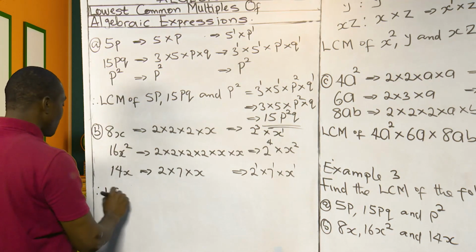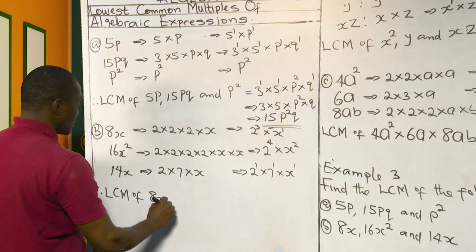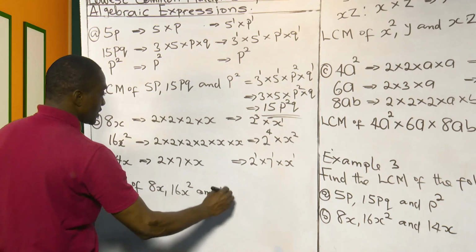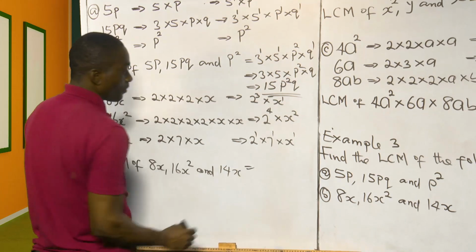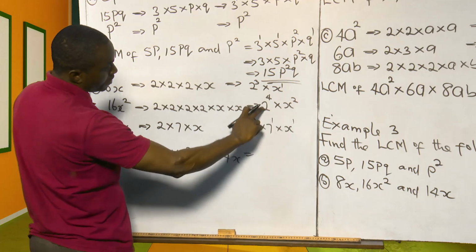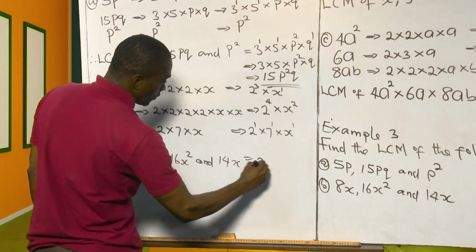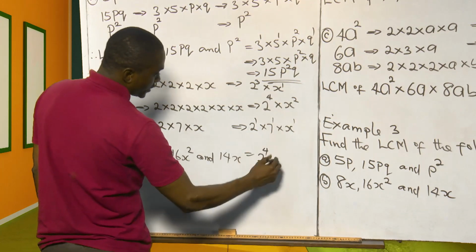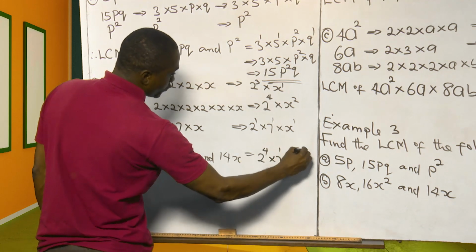Therefore, the LCM of 8x, 16x squared and 14x will be equal to, this is the base 2 with the highest power, which is 2 raised to power 4, then multiplied by 7 raised to power 1 multiplied by x raised to power 2.